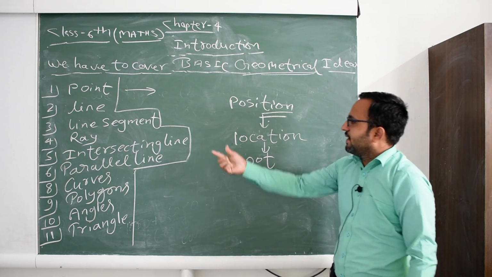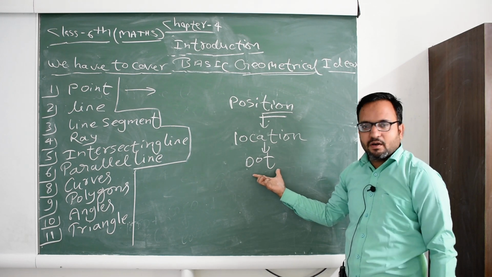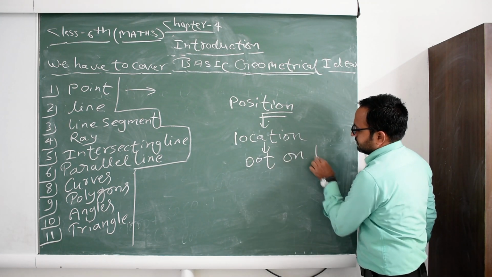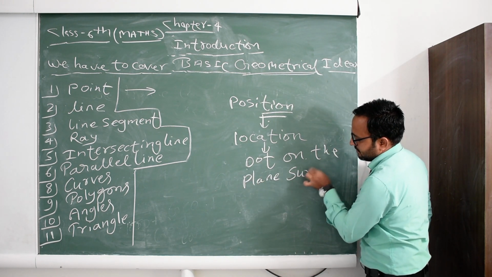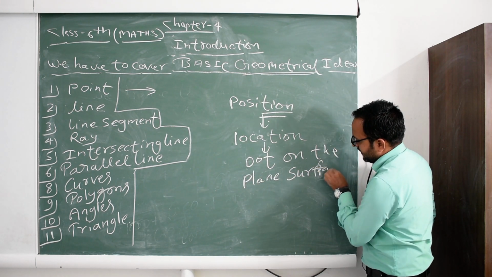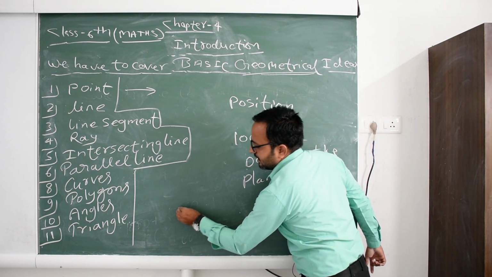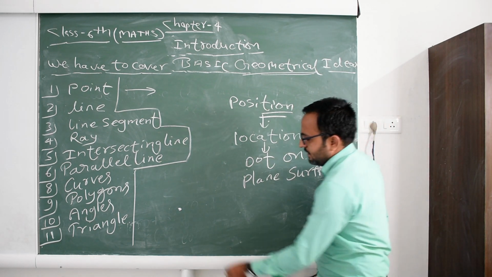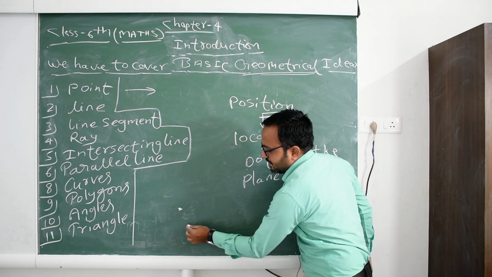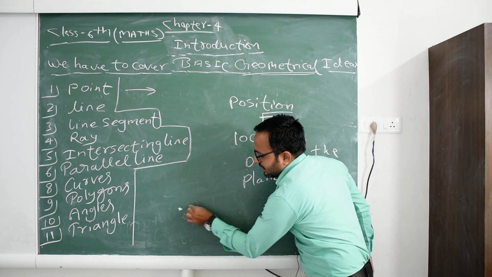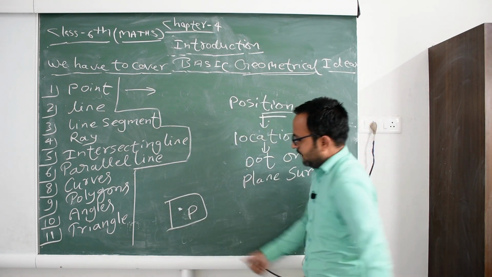So a point is a position, also called location or dot, on the plane surface. It is denoted by a single dot, and the naming will be a single capital P. So this is a dot.